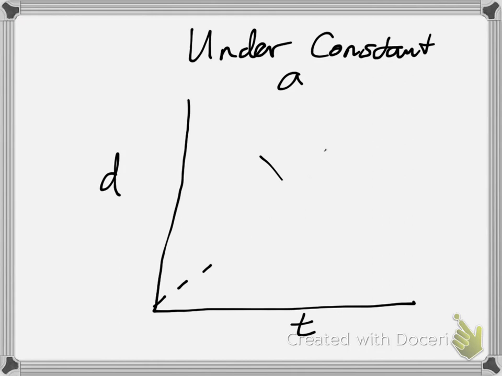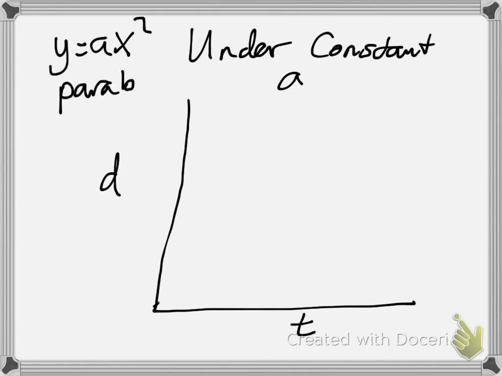It will actually be a parabola. If you go back to your graphing from algebra, you'll remember that y equals ax squared is a parabola. And it looks something like this. It curves and then shoots upward.